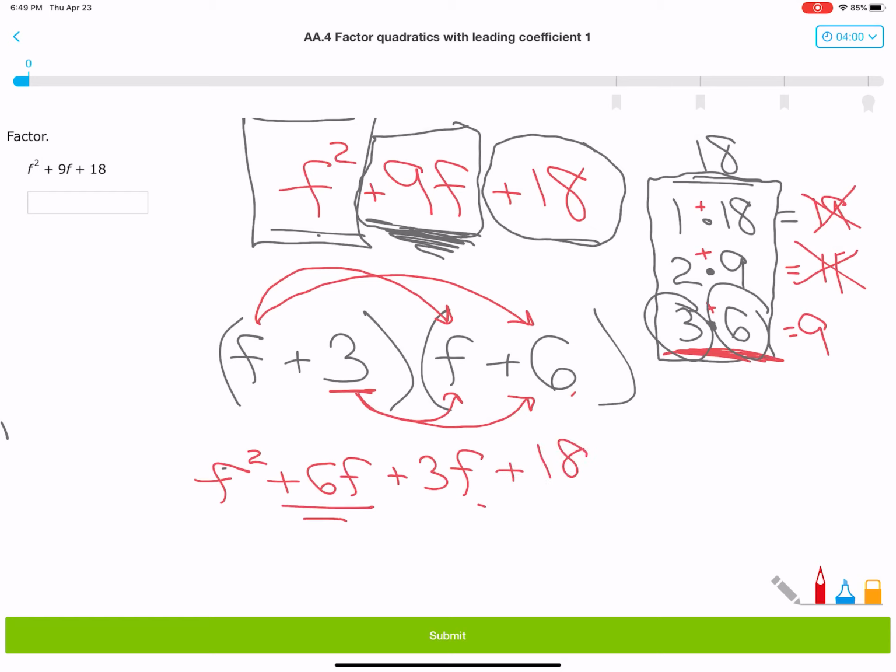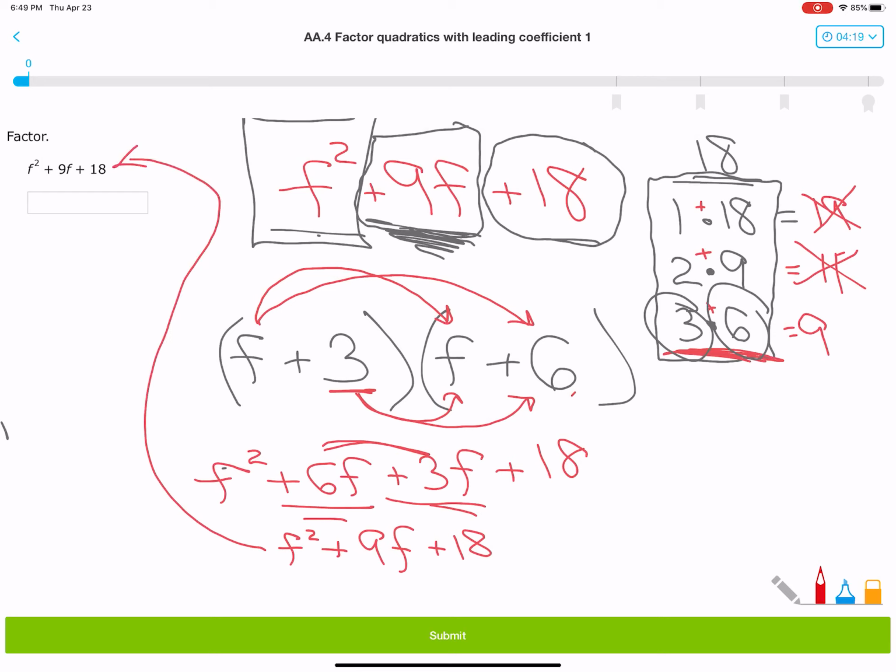These are like terms, so they can be put together. My final answer comes back to F squared plus the 6 and the 3 give me 9F plus 18, which is what I started with. So we're good to go. This answer, F plus 3, F plus 6, is correct.